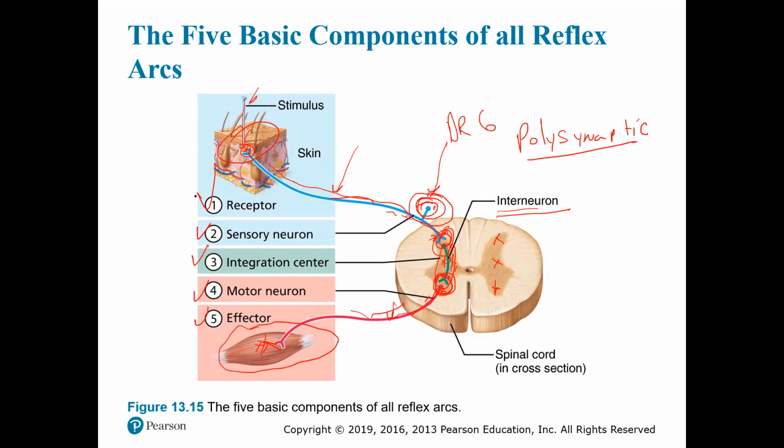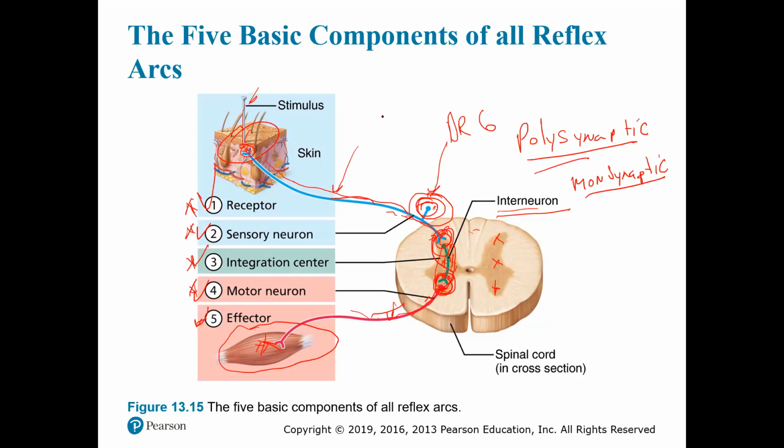So these are the five main components of the somatic reflex arc. This one is polysynaptic, but it could be monosynaptic if there's no interneuron, and the sensory nerve just synapses directly with the motor neuron.